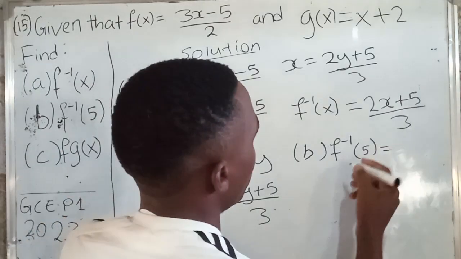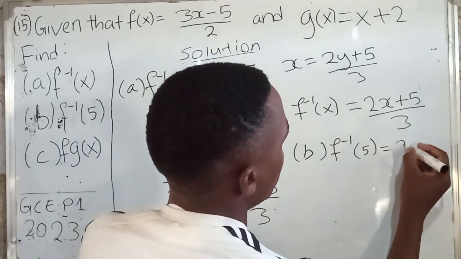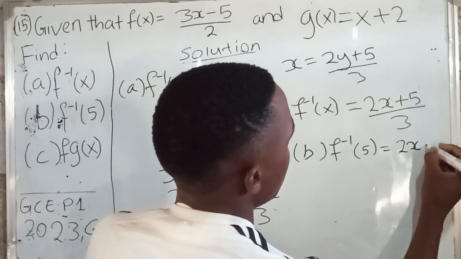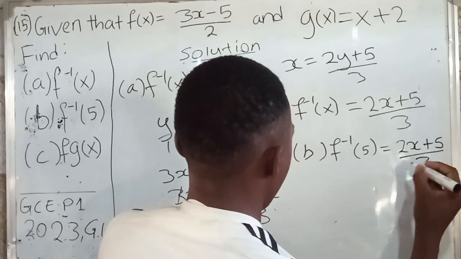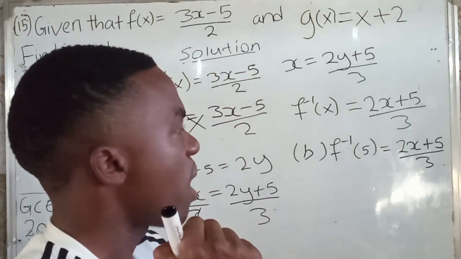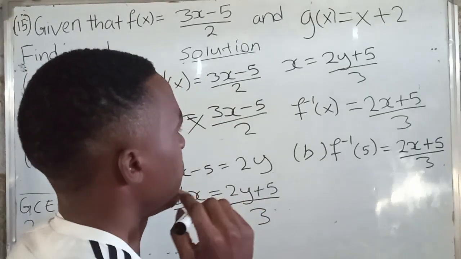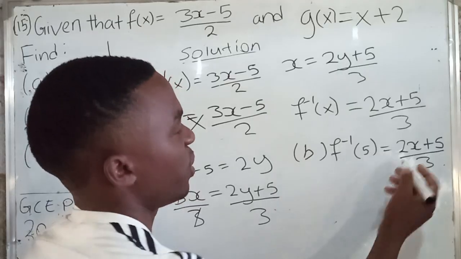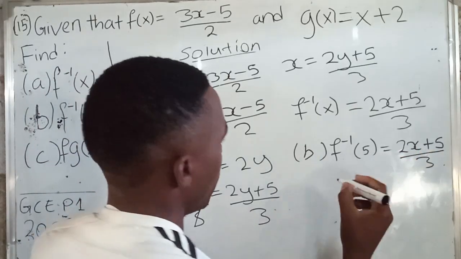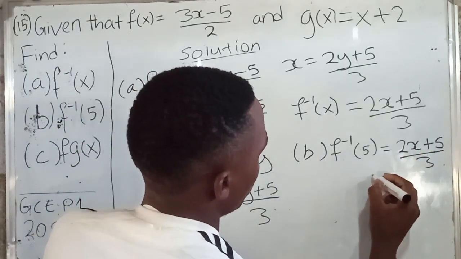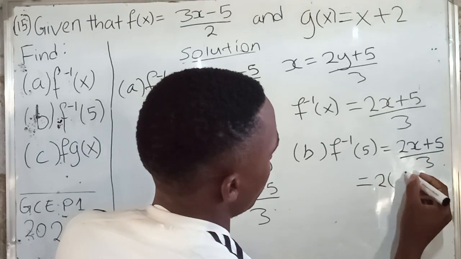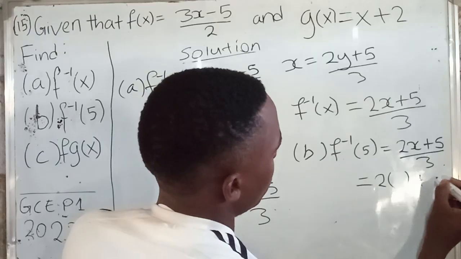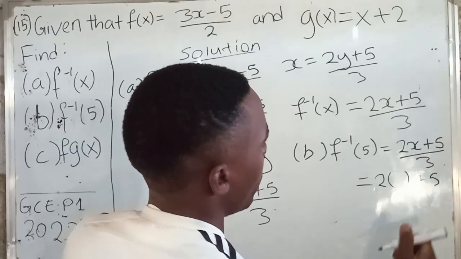So we are going to say is equal to (2x + 5)/3. So what we are going to do now is to substitute where there is x with 5. So we are going to say is equal to 2(5) + 5, this plus 5.